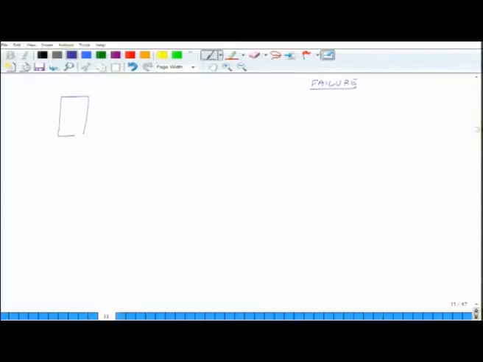So, failure. If it is an isotropic material, you pull it and it has a tensile strength, right. You can call it ultimate tensile strength, it has ultimate compressive strength, it may have a shear strength, it may have a yield point.